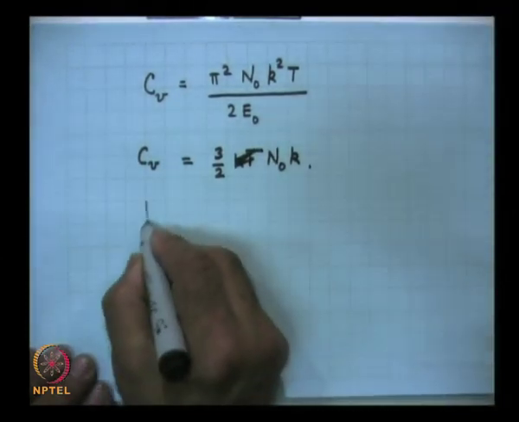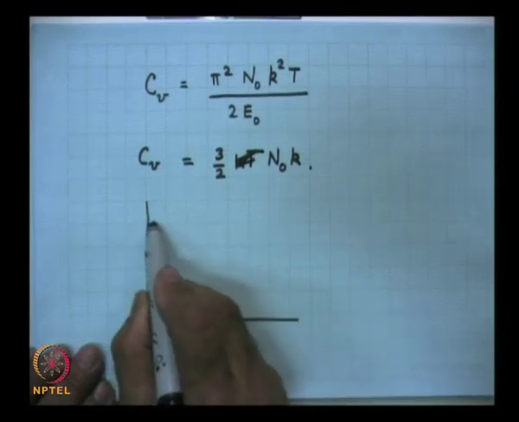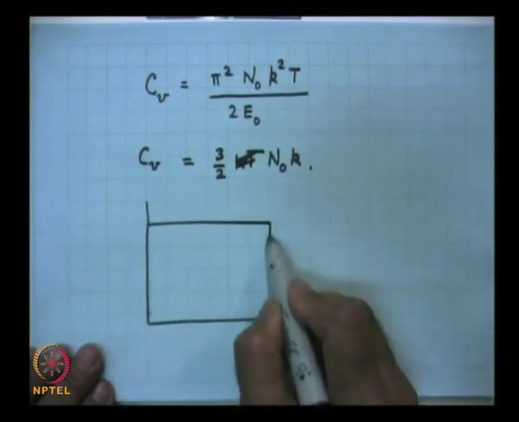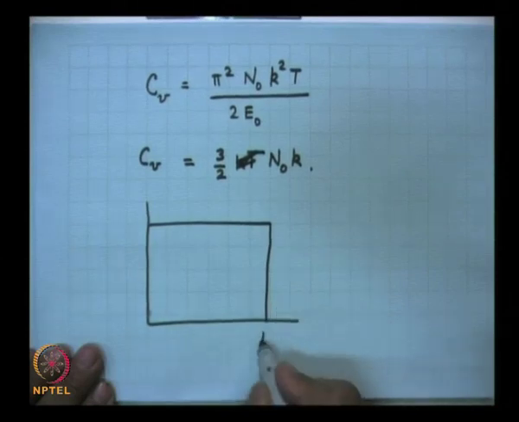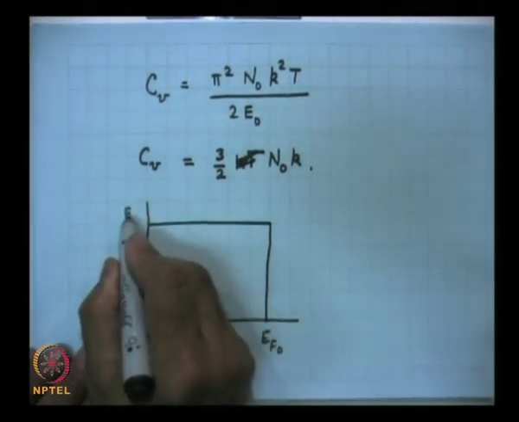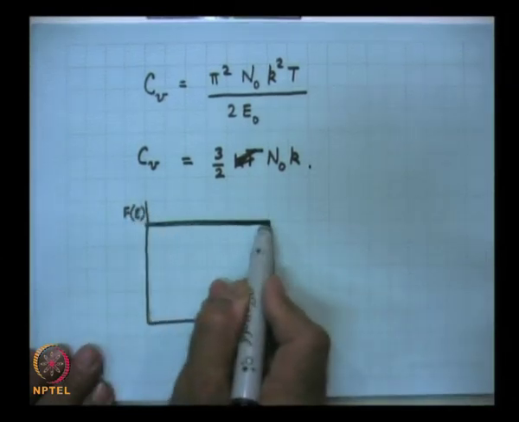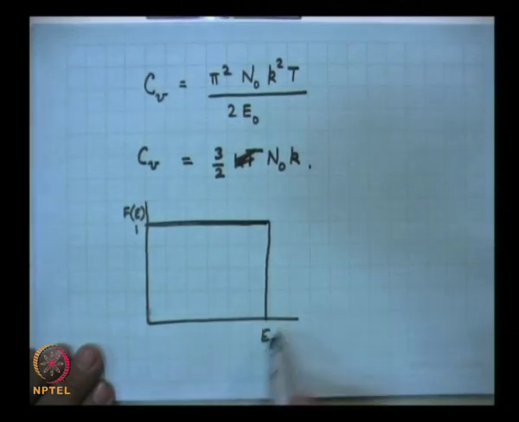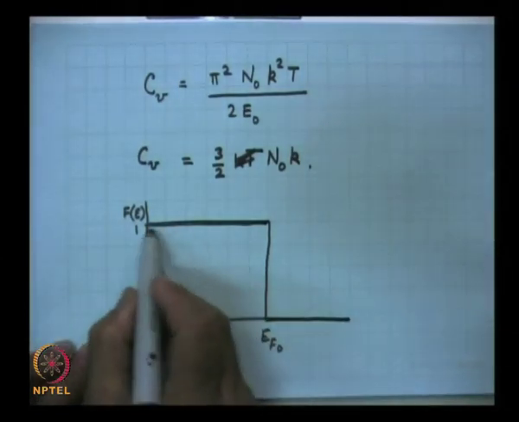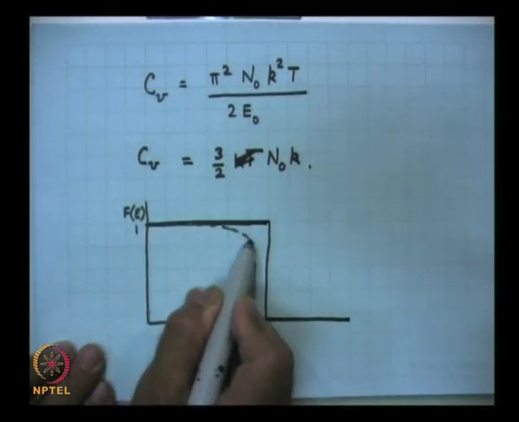So, this specific heat is extremely small, and this is a consequence of the fact that at absolute 0, the Fermi function is something like this. This is E_F0, this is the Fermi function f(E), and you have all the states filled up below E_F0 and all the states empty above. At room temperature, for example in sodium, it will be something like this.